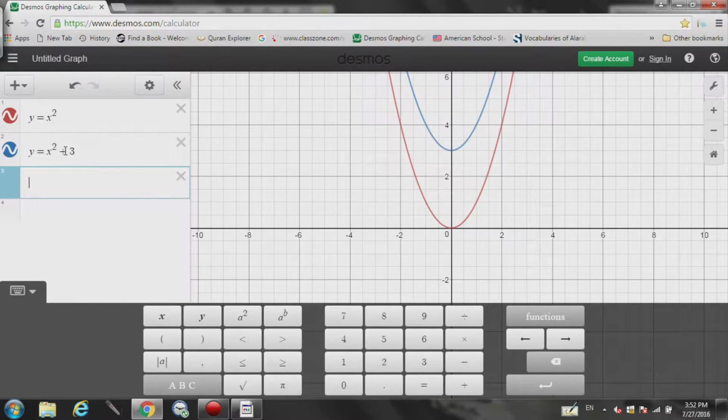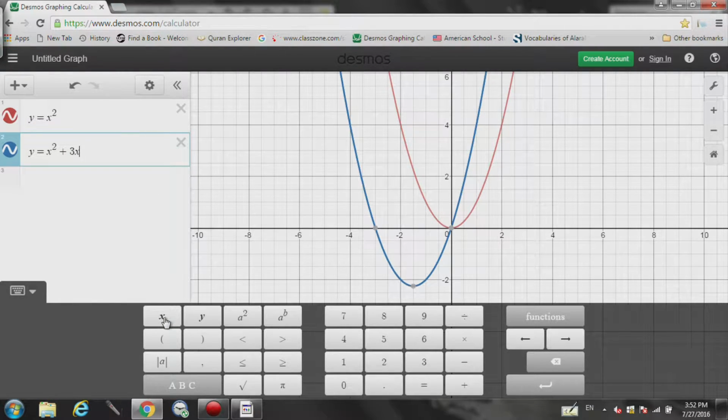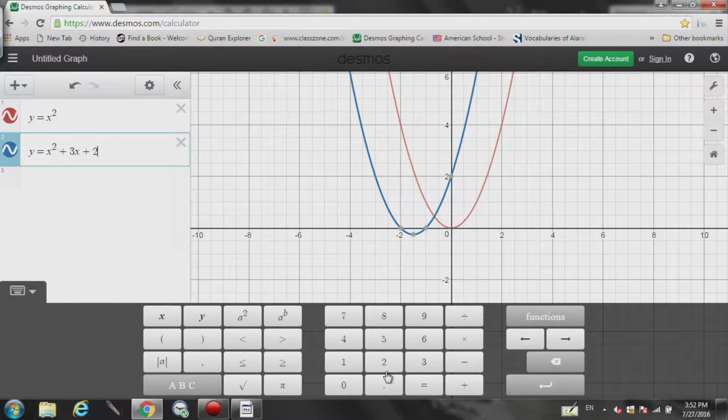Now, what if I add a middle term here? Let's add it to this one. y equals 3x plus 2. See? The middle term is called horizontal shift.